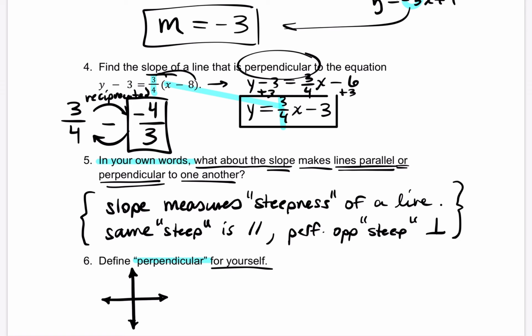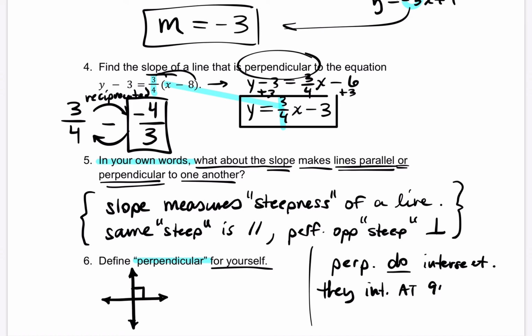Perpendicular lines do intersect. Let me write that over here. Perpendicular lines do intersect, definitely. But they intersect at exactly 90 degrees. Perfectly. This is what's special about perpendicular lines, not that they intersect.